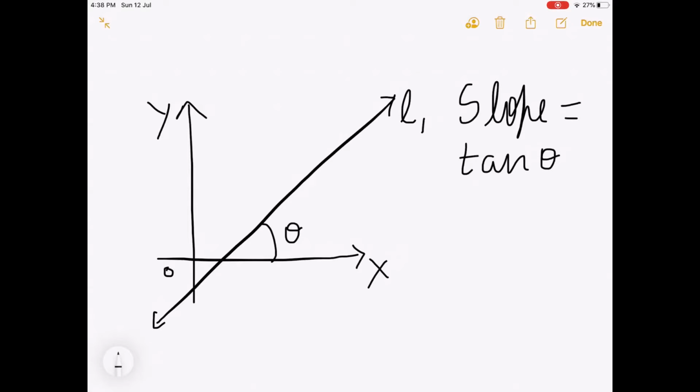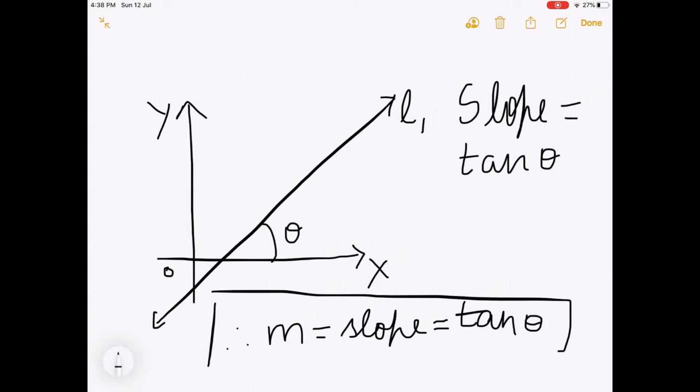We denote the slope of a line with the letter m. So therefore m is equal to slope, which is equal to tan theta. One more thing we need to remember is the angle is like this, anti-clockwise.